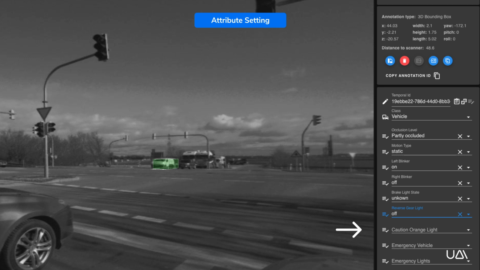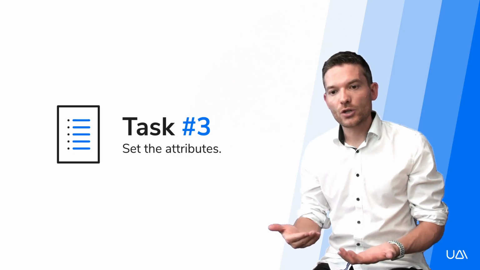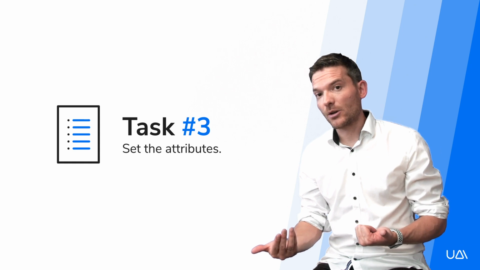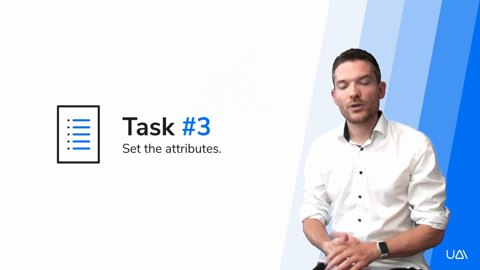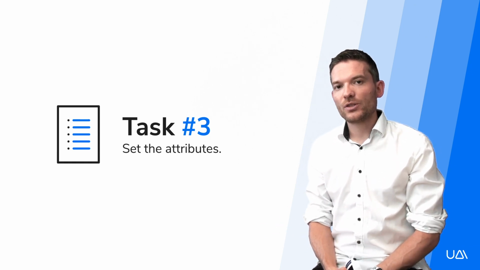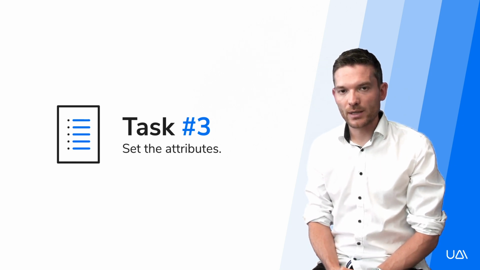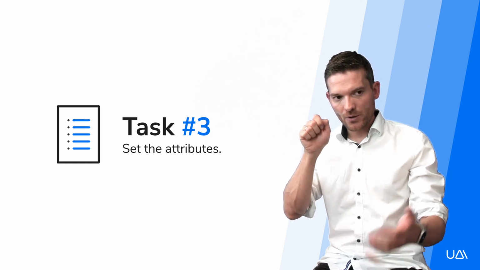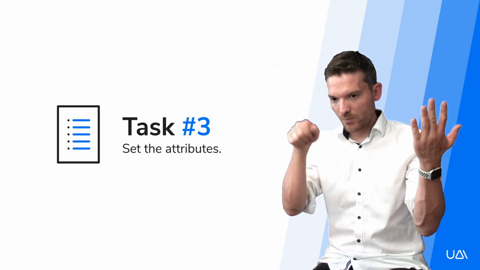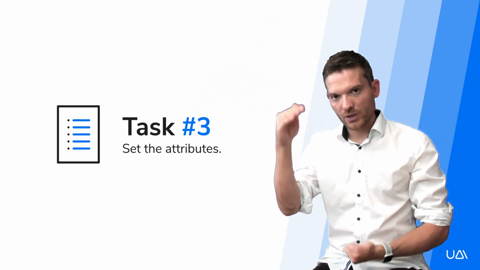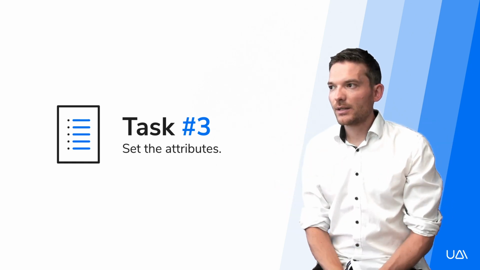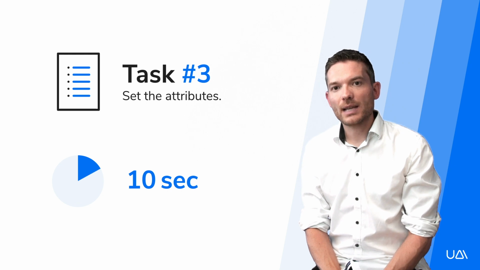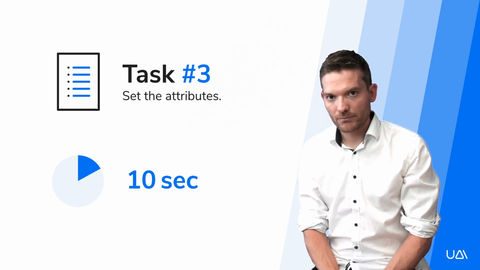These are the things you would need to know in addition. Or if it's a static object, is it parked, and so on and so forth. These are the attributes you assign in addition to your box to each of those objects. So there's a long list, and you go through it one by one. You look at the cam footage, and then you say, okay, the blinker's on or blinker's off, and you move through that list. This task takes another 10 seconds on average.